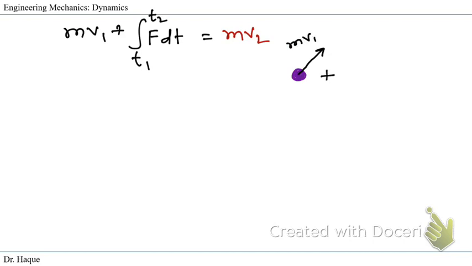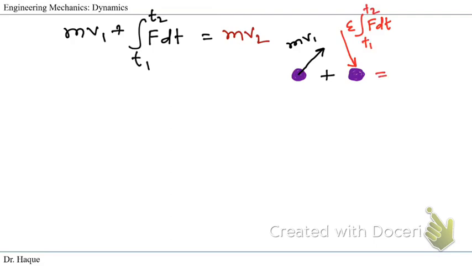Now we apply an impulse on that same ball. Let me draw it in the same color. The same ball moving in that direction is given an impulse force by the stick, which is the summation of force times a short amount of time from t1 to t2.